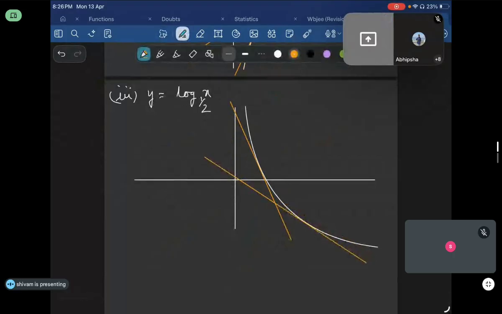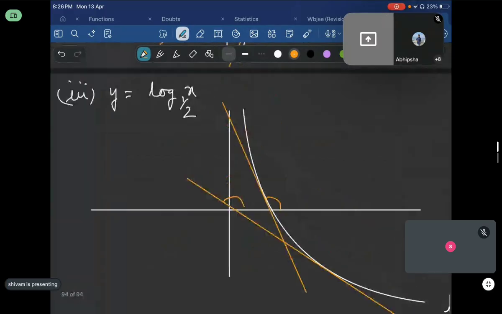Everyone, tell me, have you understood how we can understand whether local maxima exist or not, and whether the function is injective or not with the help of dy by dx? Has everyone understood?